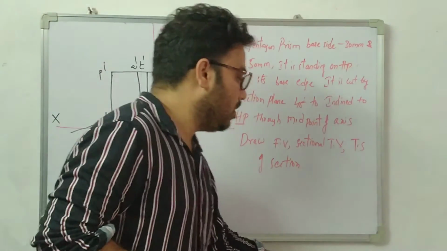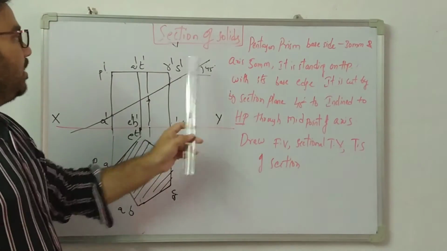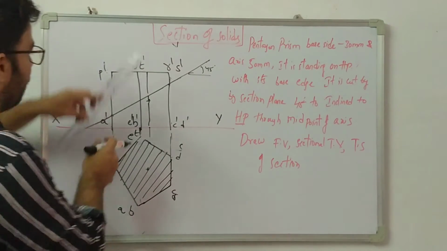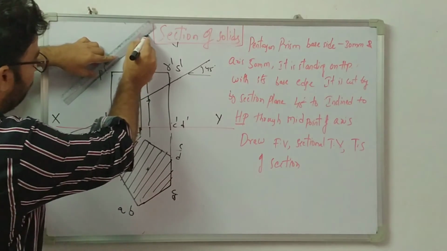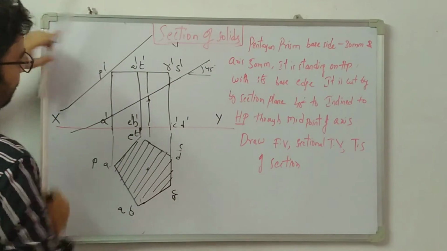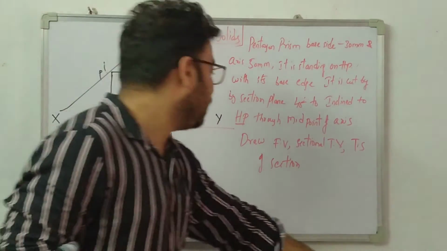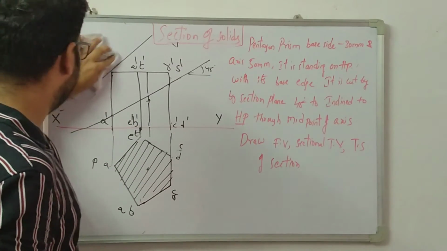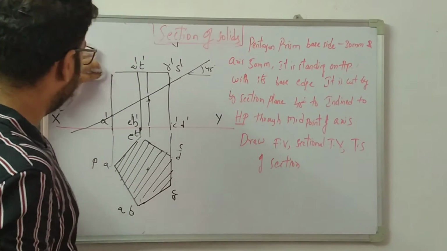Simply, this is the cutting plane. With respect to this cutting plane, I am drawing one more line, that is a 45 degree line. One more 45 degree line. It doesn't seem like a 45 degree, so better to draw a 45 degree line.